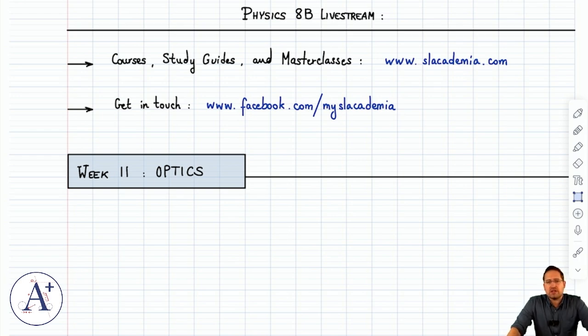But if we're going to study the behavior of light, we're going to do it in two separate parts. First part is going to be optics, what we're doing today. We're going to ignore the wave-like nature of light altogether. So yes, we will acknowledge that light is an EM wave, but we are not going to need to know anything about that to talk about optics today.